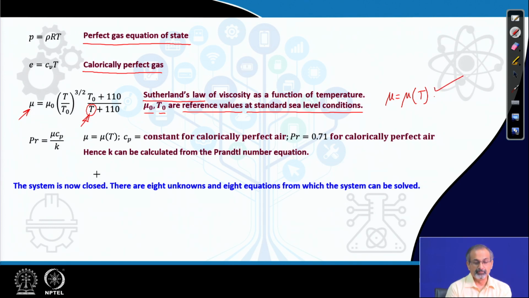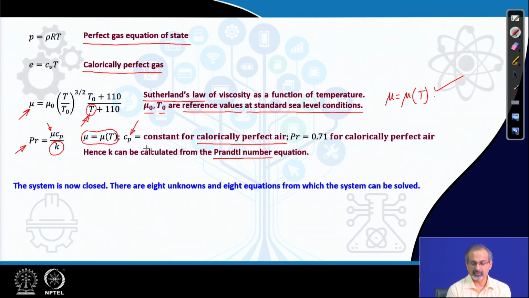What about K? Let us see how we can work out K, the thermal conductivity. So, for that we invoke the equation for Prandtl number, mu Cp by K. We already discussed that mu will be worked out as a function of T. So, that can be plugged in here. We are assuming a calorically perfect gas, air.